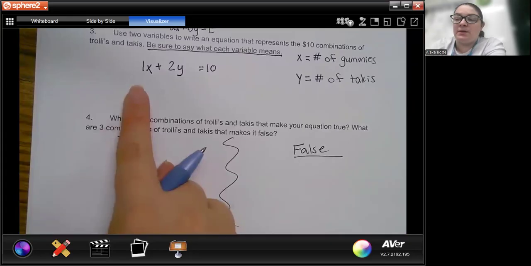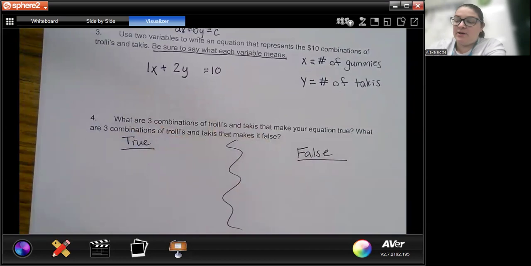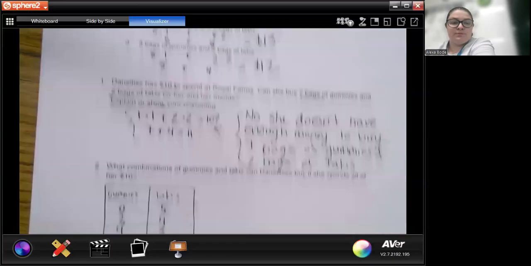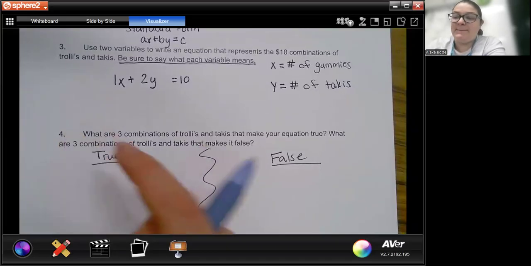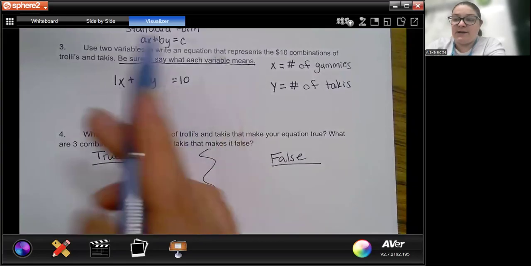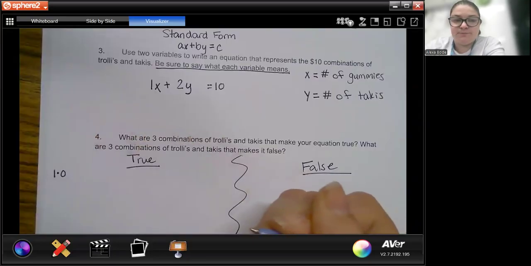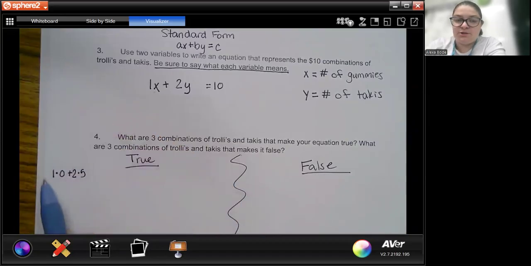So if I'm using this equation here, and in our table on the front, we said, for example, 0 bags of gummies, 5 bags of Takis. I can put 0 in for X, 5 in for Y, and see if it equals 10. So if I do 1 times 0 plus 2 times 5, so this is $1 times 0 bags of gummies plus $2 times 5 bags of Takis.